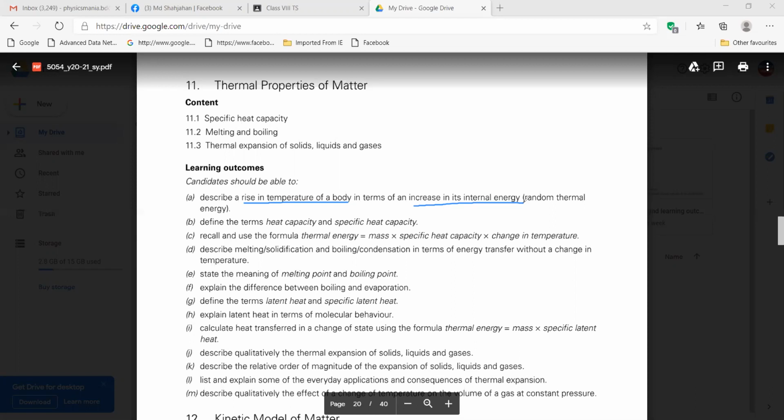That's why we say the kinetic energy increases. And if the kinetic energy increases, that means the internal energy also increases, because internal energy is the combination or the sum of what? Potential energy and kinetic energy. Great. So it's clear to you.